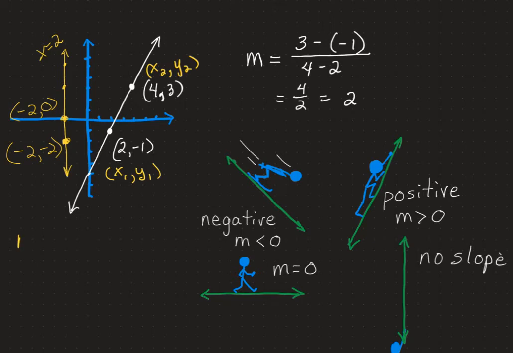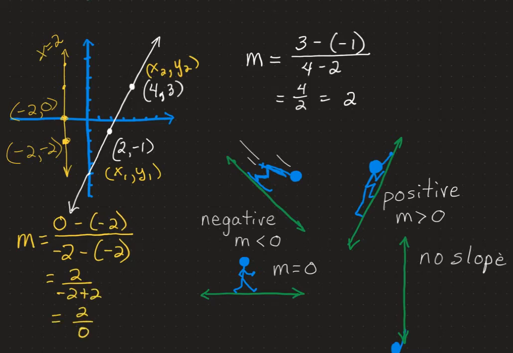Okay, the slope here, m, equals, let's see, the difference in the y's, 0 minus -2, over -2 minus -2. Okay, difference in the y's over the difference in the x's. So I get 2 on top and I get -2 plus 2 on the bottom, or 2 over 0.